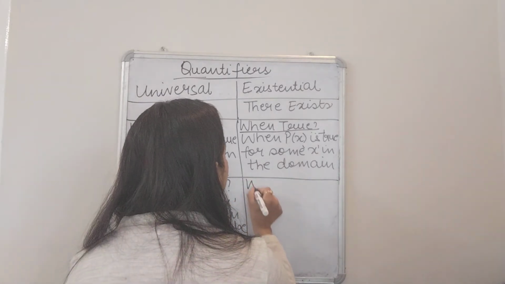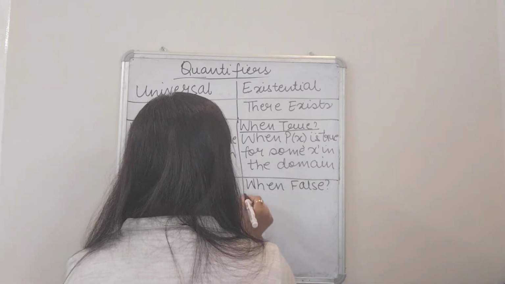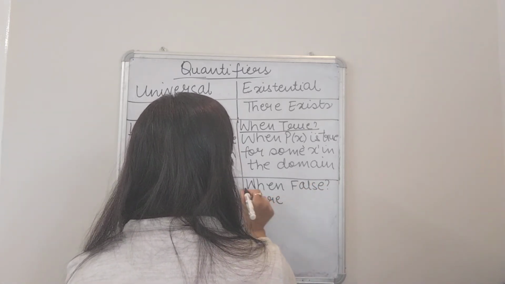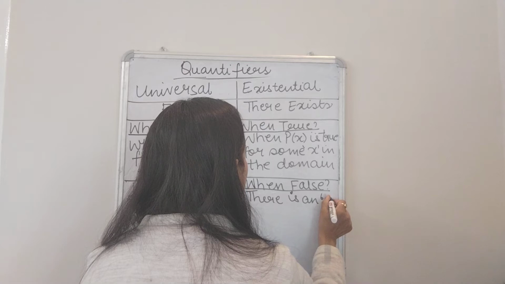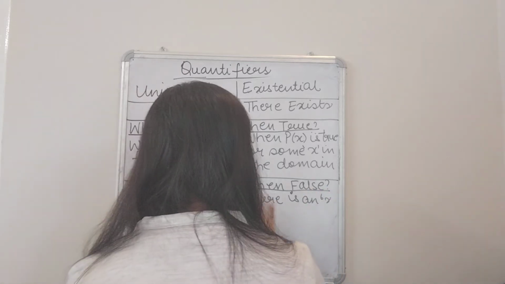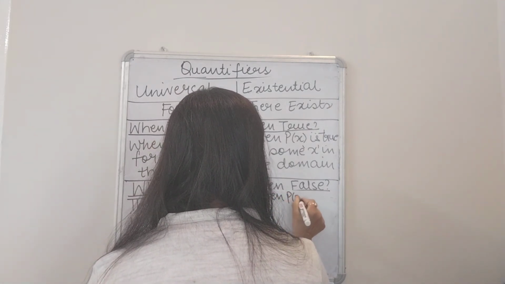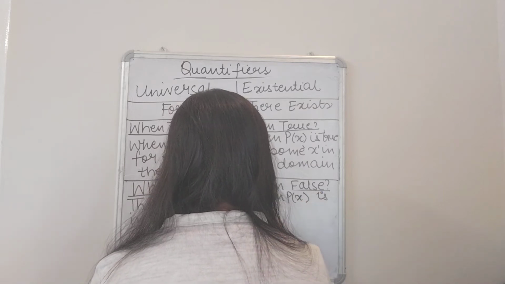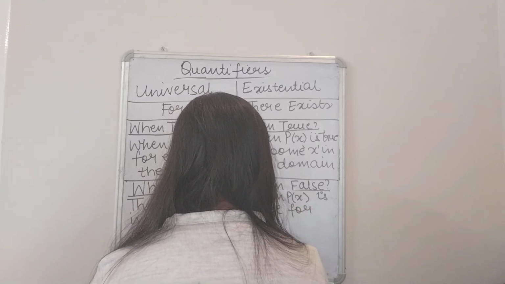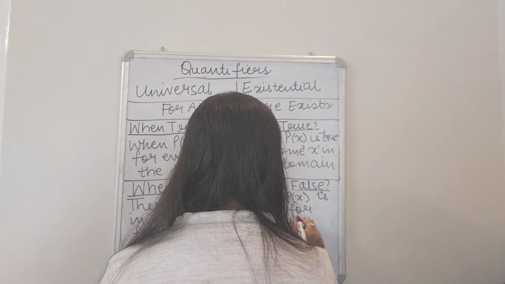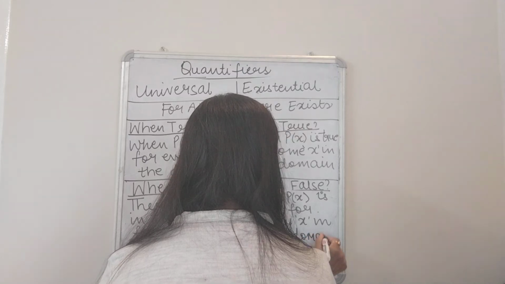And when is the existential quantifier false? When p of x is false for every x in the domain.